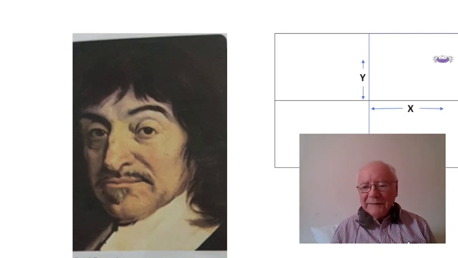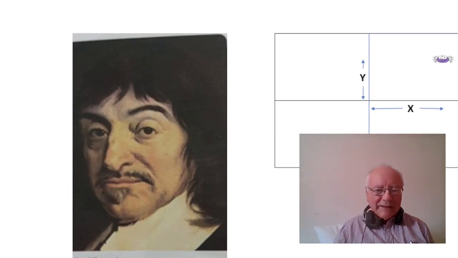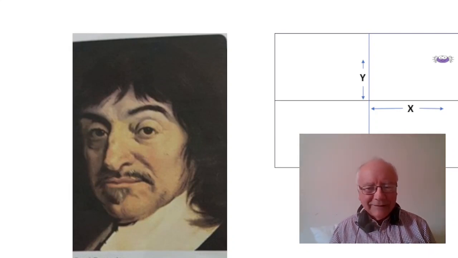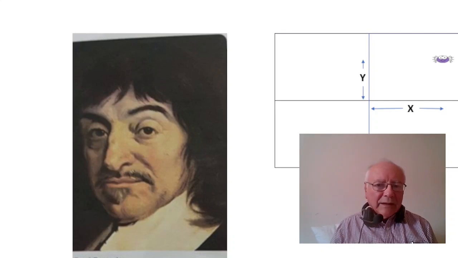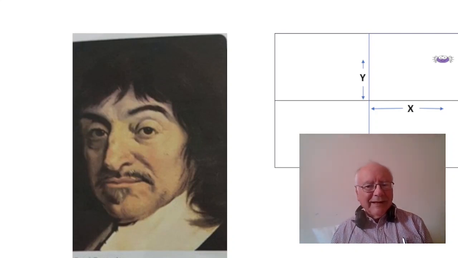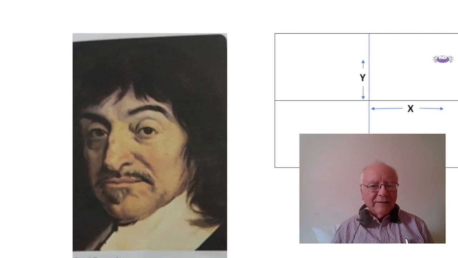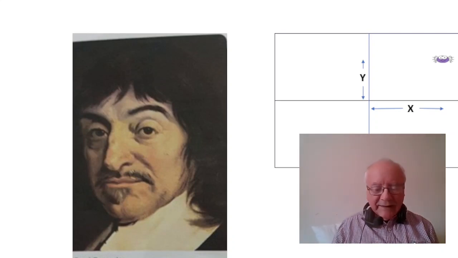Because some of you might be scared of spiders, I've tried to put a smiley face on the object. And what Descartes thought of was the following question: how can I tell somebody in another room exactly where the spider is on my ceiling? So he thought of this idea.